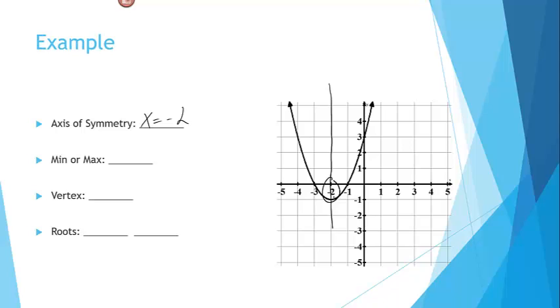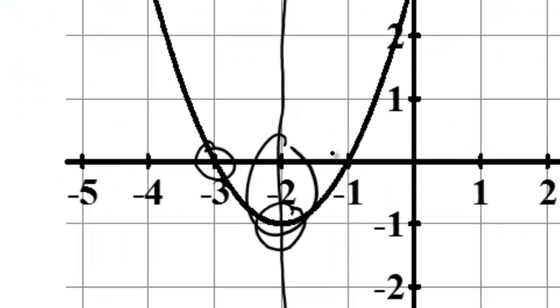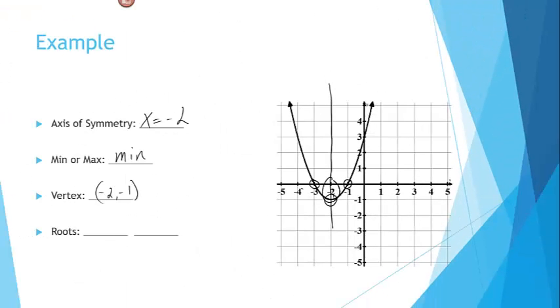Well, we have our point here at the very bottom of our parabola, so it would be called a minimum. Our vertex is that point that we just circled, and that would be -2, -1. And our roots would be here and here. So that would be -3, 0, and -1, 0.